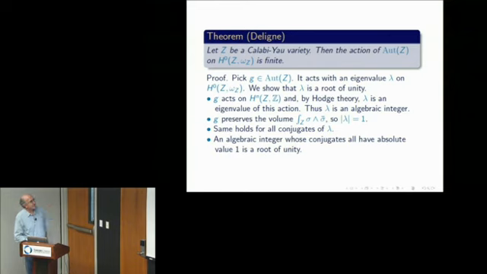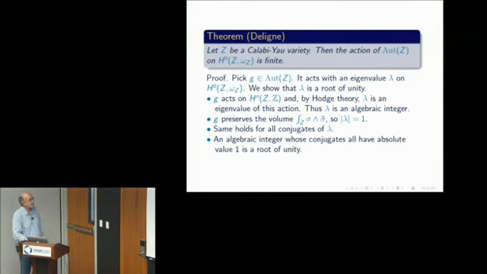a very nice proof that this is not as complete a rigidification as we had before. It was isomorphic to C, but here it's up to a finite subgroup that we can still declare that it's isomorphic to C. And so the main claim is something that goes back to the line, that if Z is a Calabi-Yau variety, then the action of its automorphism group on this H0 of Z, omega Z, that is a one-dimensional vector space, is finite.